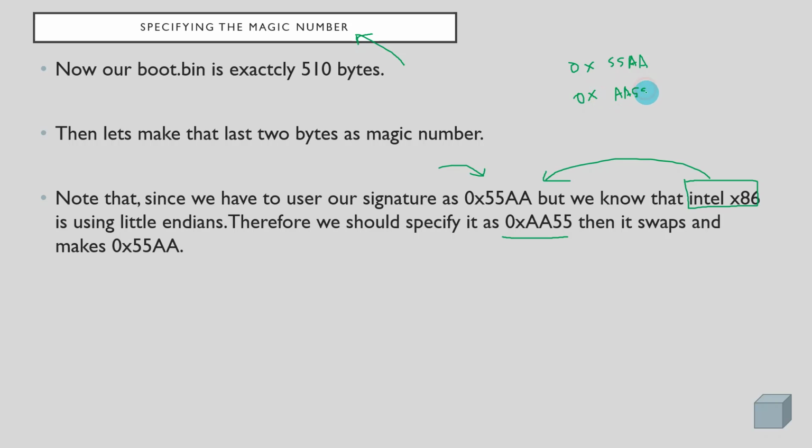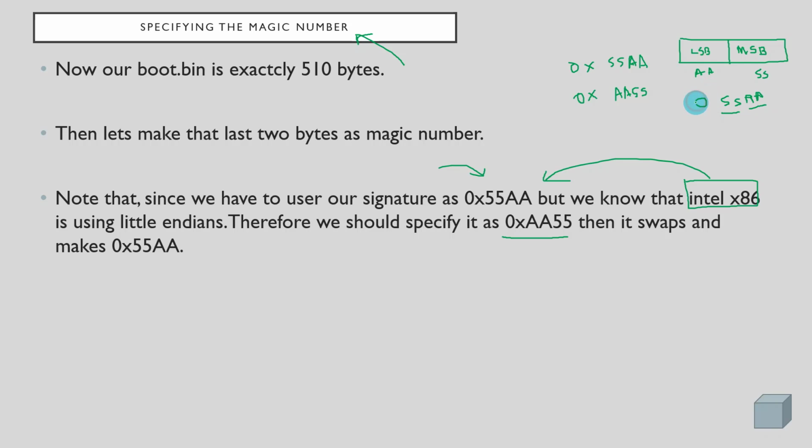It is kind of tricky, but you will get used to it, because in little endian they consider the last byte as MSB and the first byte as LSB. So if you specify your last byte as 55 and your first byte as AA, then it will be read as 55AA, because the MSB always comes first.